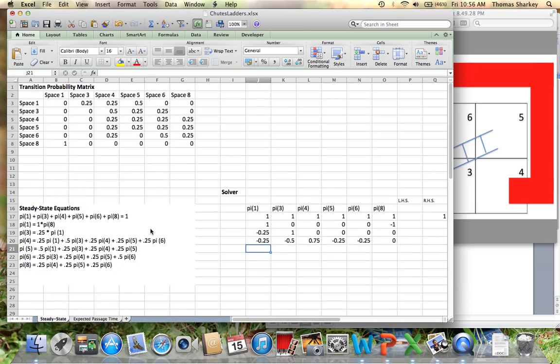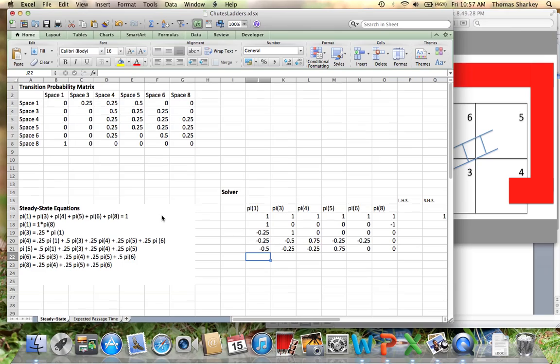For pi of 5, we'll have a minus 0.5 for pi of 1, minus 0.25 for pi of 3, minus 0.25 for pi of 4, and a positive 0.75 for pi of 5. We already have a positive 1 on the side, and we're subtracting off 0.25 of it, then a 0 and a 0.